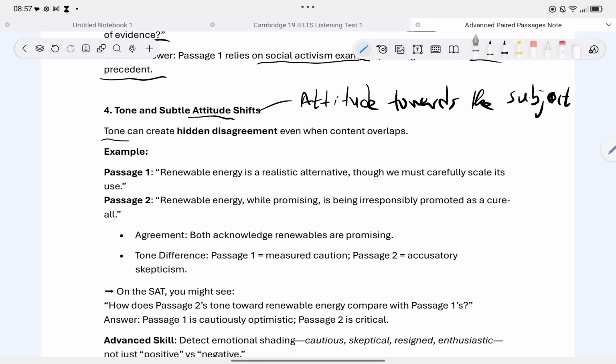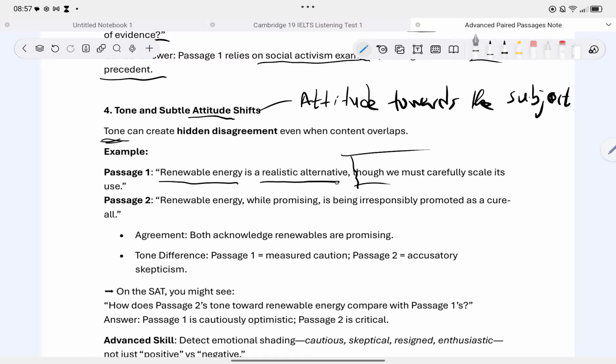Remember, not your own attitude, the attitude of the writer. So when you read the paragraph, at times what differs is the tone. Look at this. Renewable energy is a realistic alternative, though we must carefully scale its use. So you see here, there is skepticism.